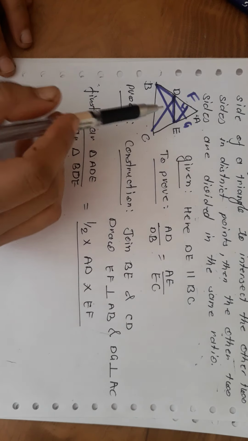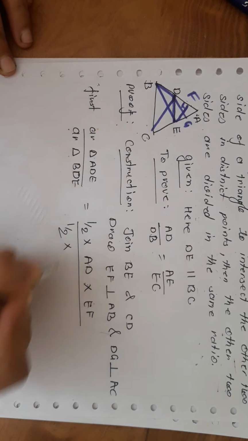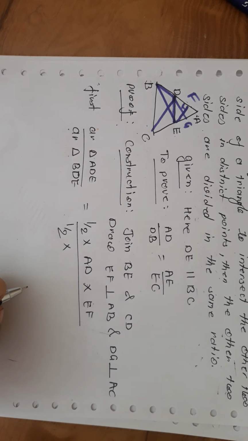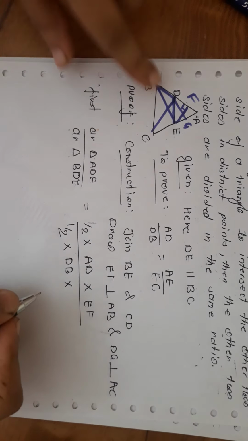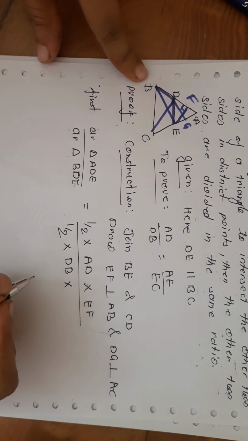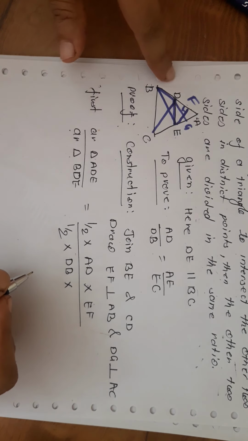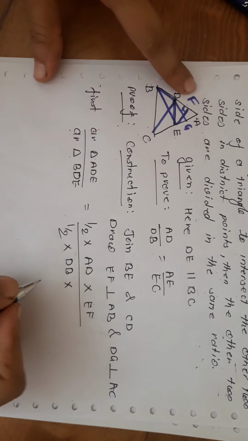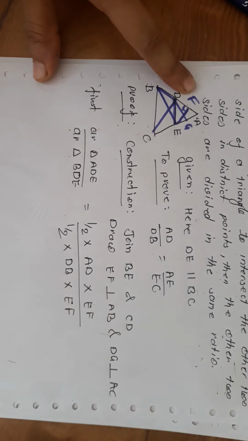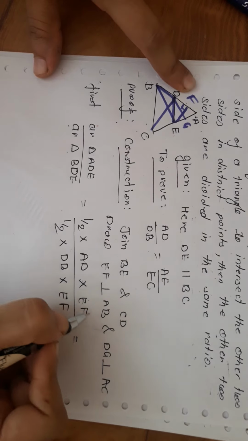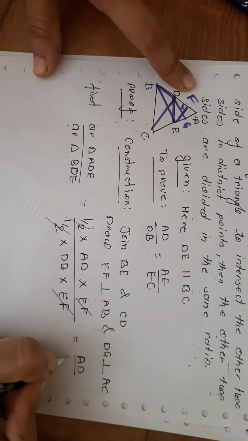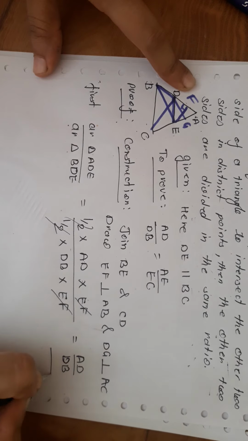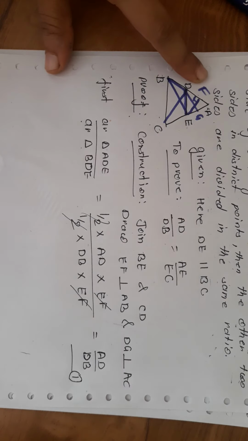So the base of this triangle is DB, and the height for this obtuse triangle BDE, outside the triangle, is EF itself. So finally, half and half cancel, and we get AD upon DB. Take that as equation number 1.